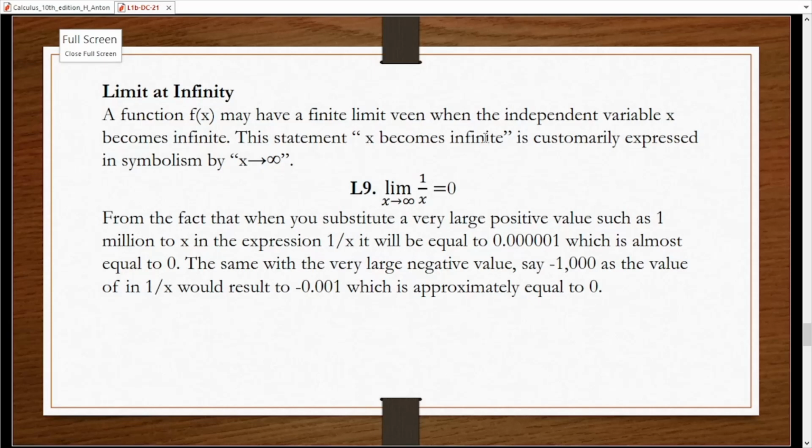Ano ba yung magiging conclusion natin or solution? Sabi dito, dagdag na ito sa theorem. Theorems on limit. Sabi dito, the limit of 1 over x as x approaches infinity is equal to 0.